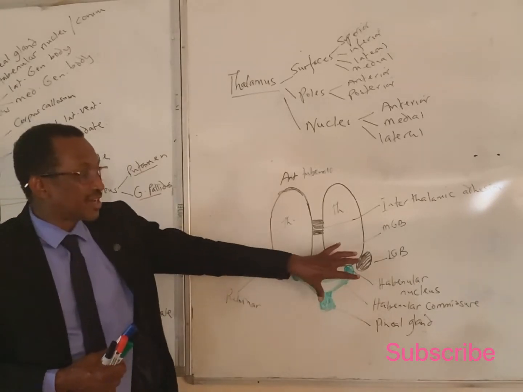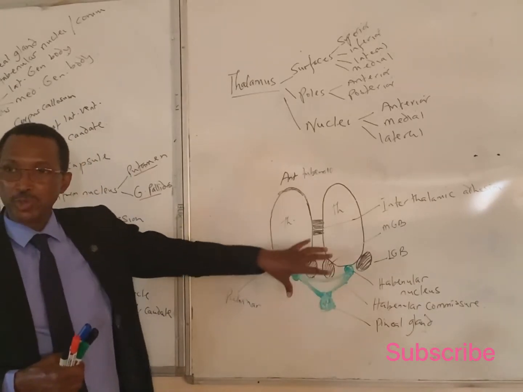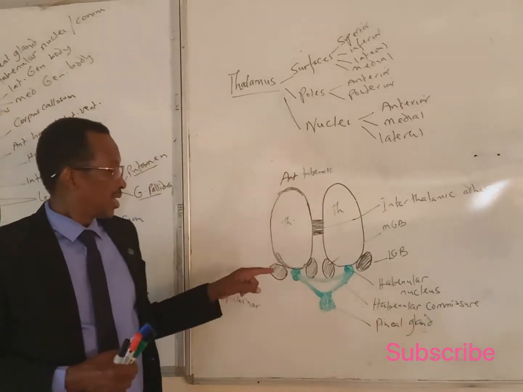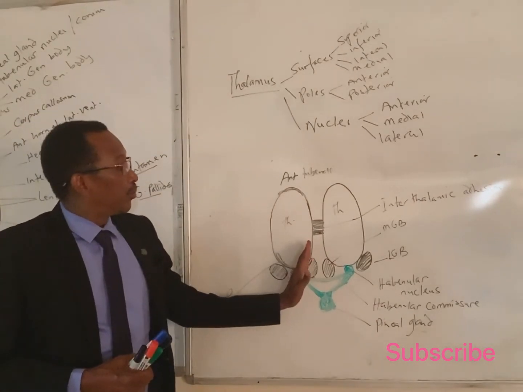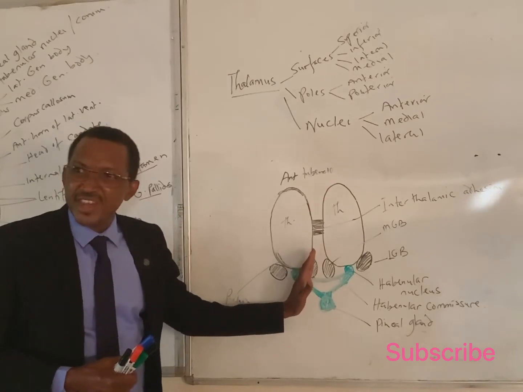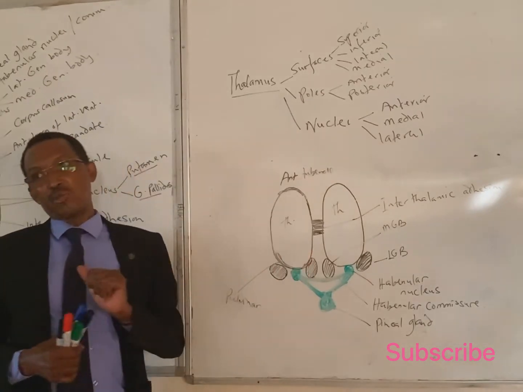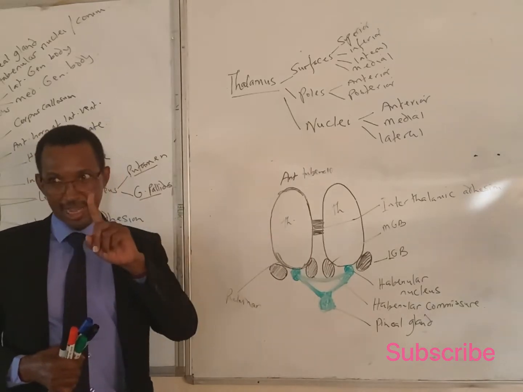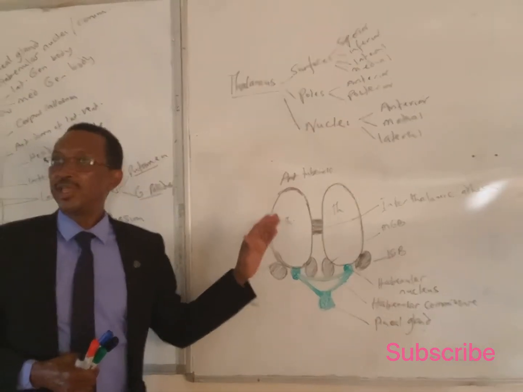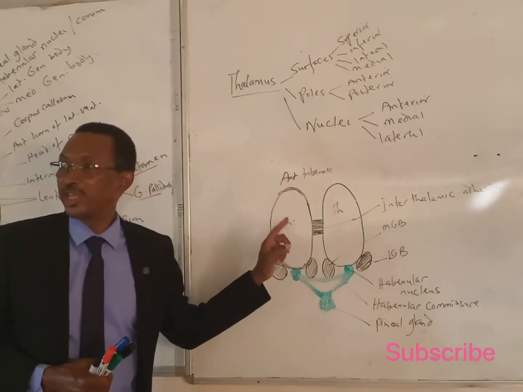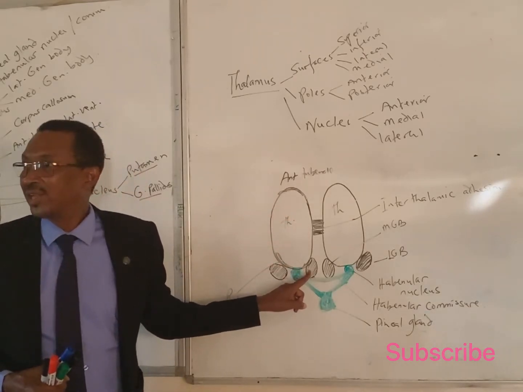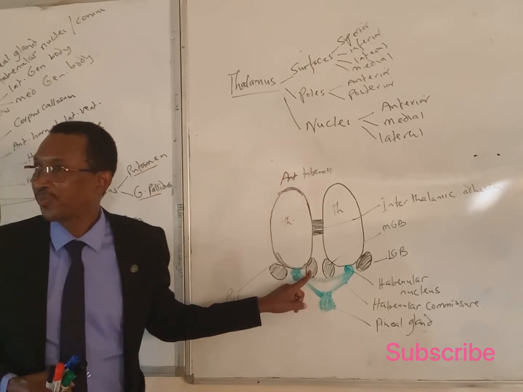There are structures associated with the posterior end of each of the thalamus. On the posteromedial end of each thalamus, postero-inferomedial, hear the word, postero-inferomedial part of each of the thalamus, there is a body known as the medial geniculate body.